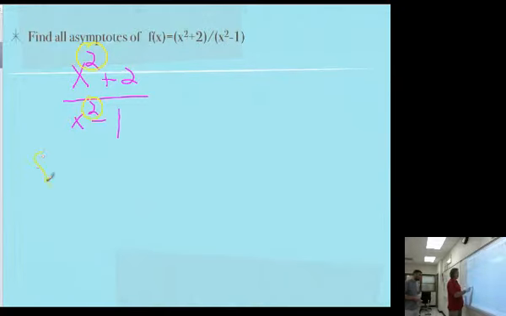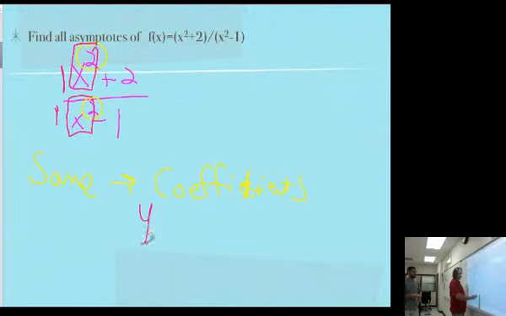If they are the same, then the answer is the coefficients. So what coefficient is in front of this x squared? Well, it's a 1. What coefficient is in front of this x squared? Well, it's a 1. Then we must have a horizontal asymptote at y equals 1 over 1.